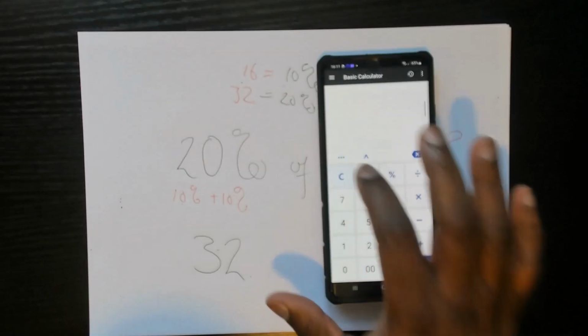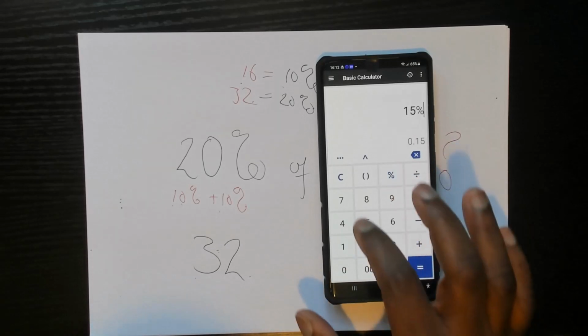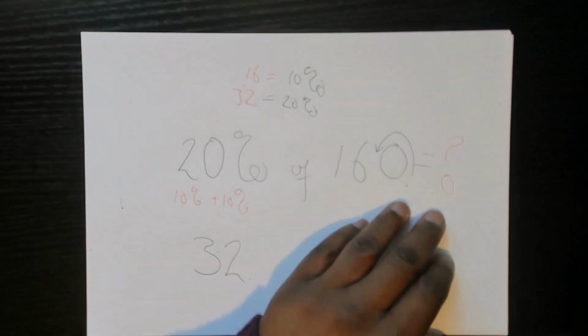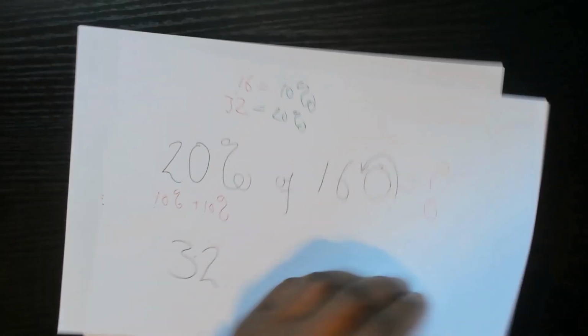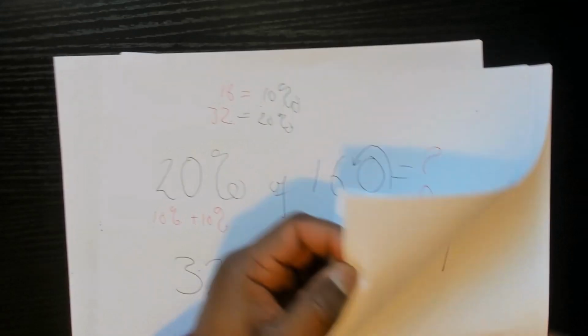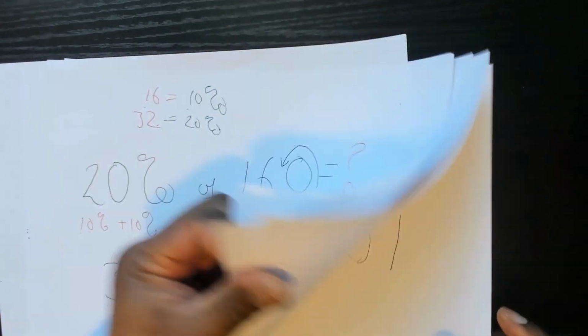And while we're here, let's look at our other question, which was 15% of 120, which was indeed 18. So 15% of 120 is indeed 18.